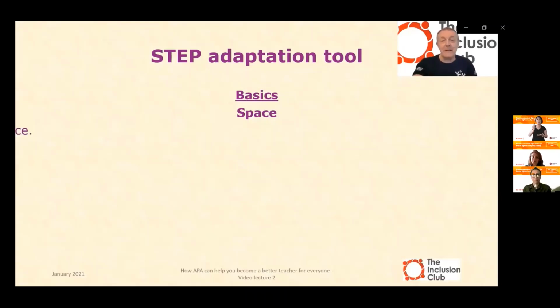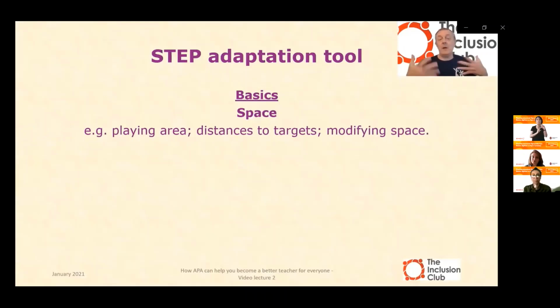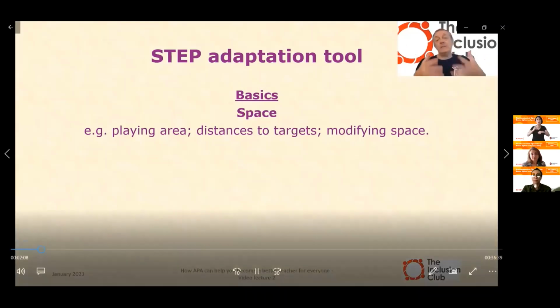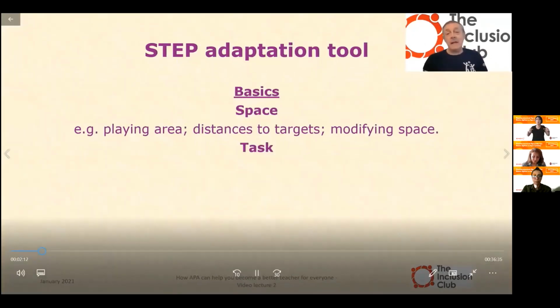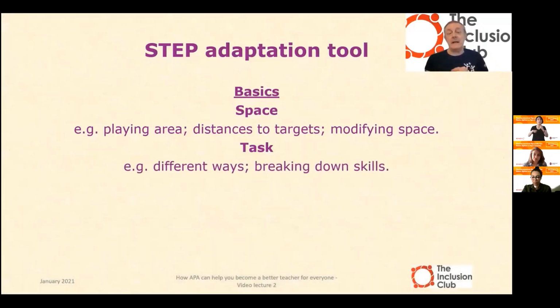In space, for example, we might be looking at how we might manipulate the playing area, how we might change the distances from an individual to a target, or how we might modify the space. That's the space that everyone uses, or perhaps the space for some of the participants. T is for task, and what we're talking about here are things like different ways of doing the same activity.